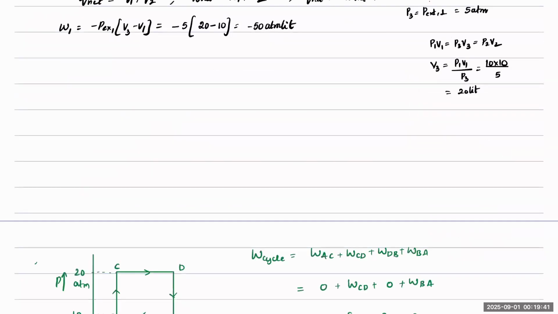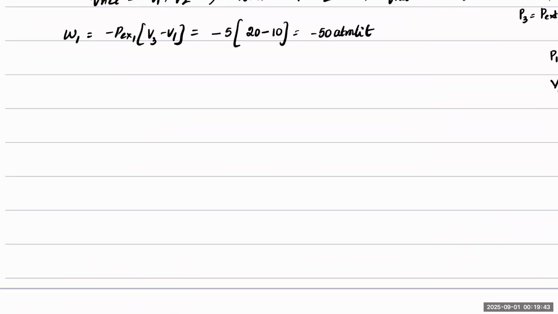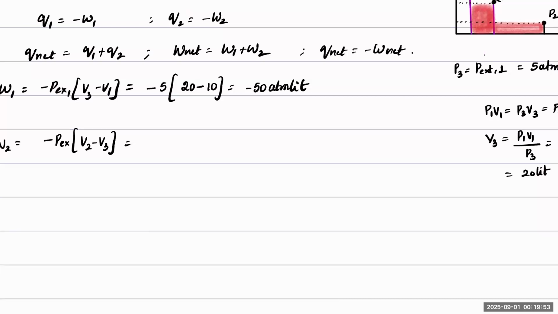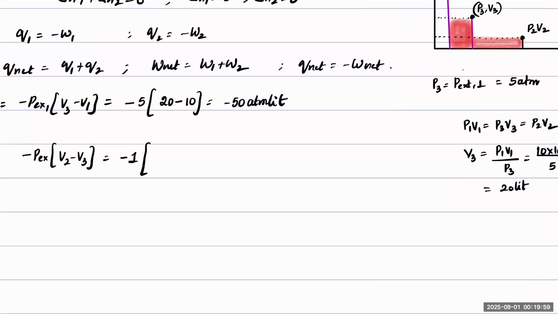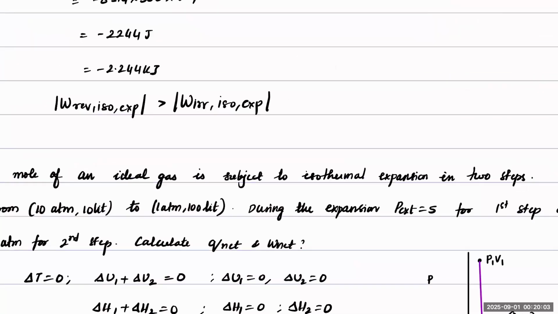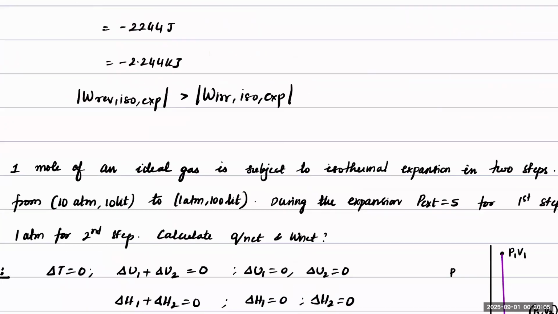Okay, so let us calculate W2. W2 will be equal to minus P external into V2 minus V3. So from here, minus final pressure is 1 atm, into V2. Finally, we are reaching 100 liters, correct? Yeah, that's what the question says.